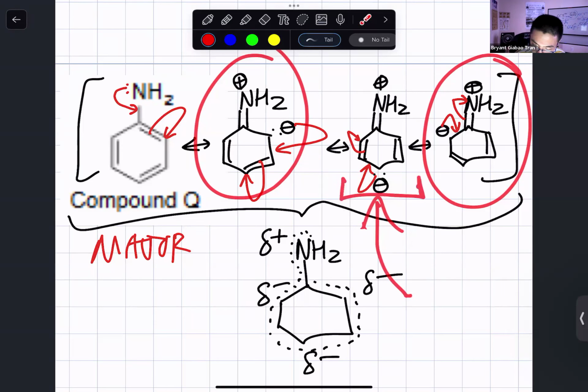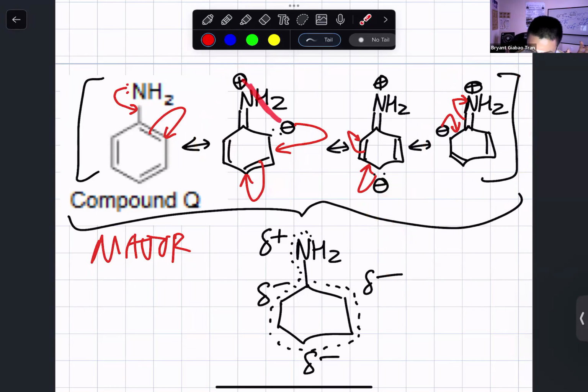Whereas in the one in the middle, notice how the positive and negative charges are on opposite sides, the furthest away from each other. That makes it the least stable, because since opposite charges attract, we want them close to each other.